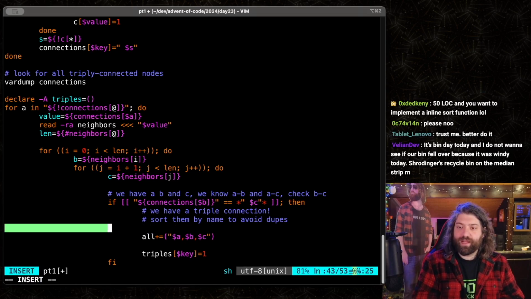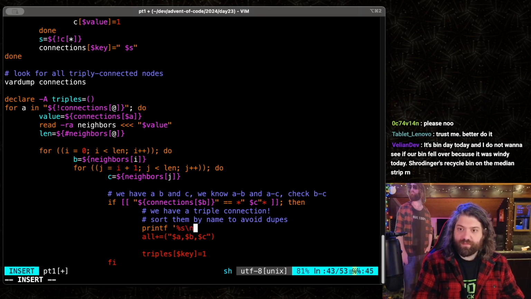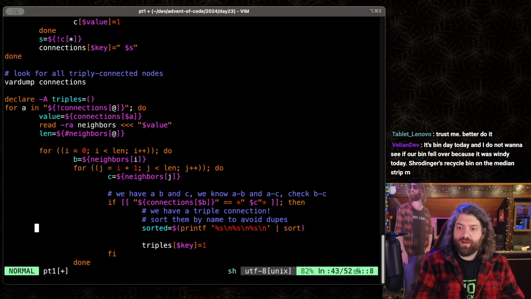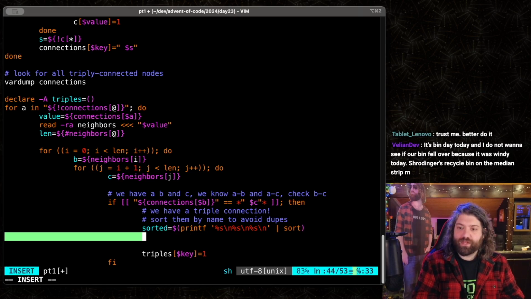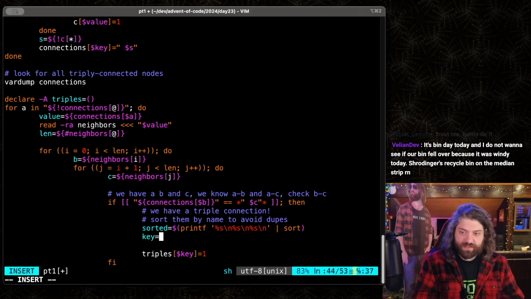So to sort them by name, we will do a printf of variable, new line, variable, new line, variable, new line, pipe that to sort, store this as a variable, sorted equals that. Cool.